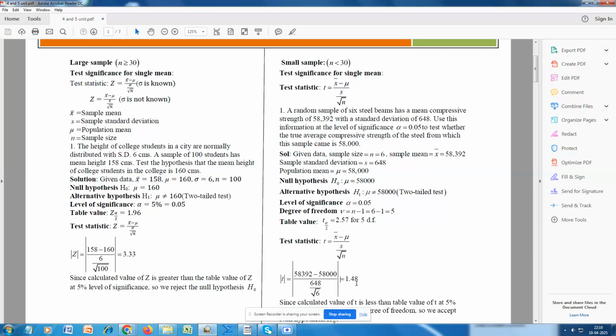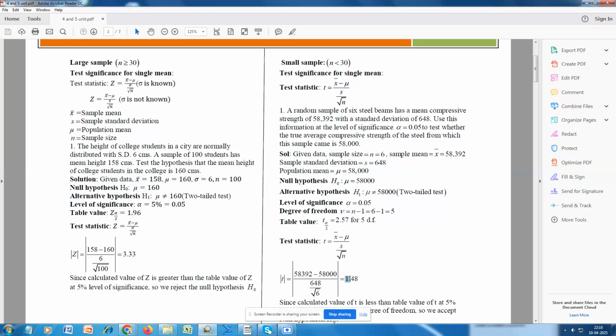Observe that 1.48 is less than the table value. According to the definition, when the calculated value is less than the table value, we accept; otherwise, we reject the null hypothesis.